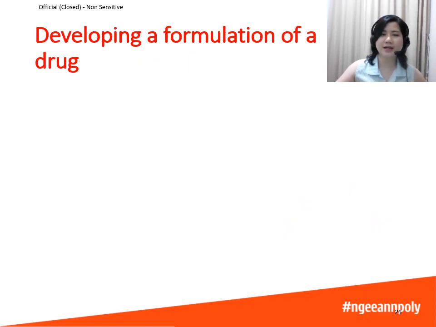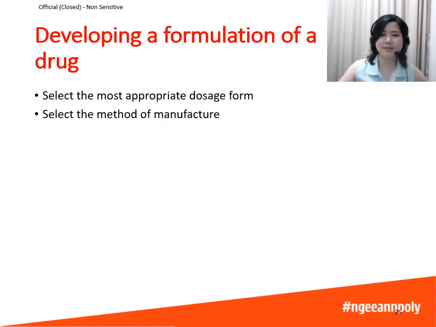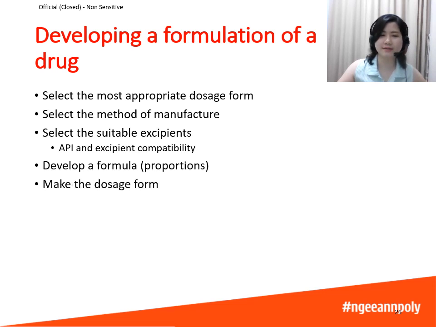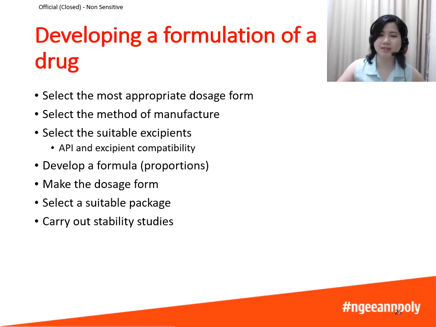After taking into account all the considerations, the drug company will need to select the most appropriate dosage form, select the method to manufacture the dosage form, select the suitable excipients, which should be compatible with the API, develop the formula, so what proportions of each ingredient should be added, make the dosage form, select suitable packaging materials, and carry out stability studies.